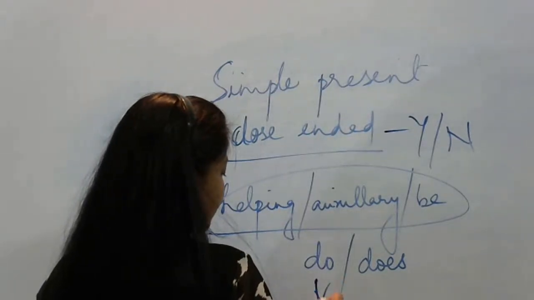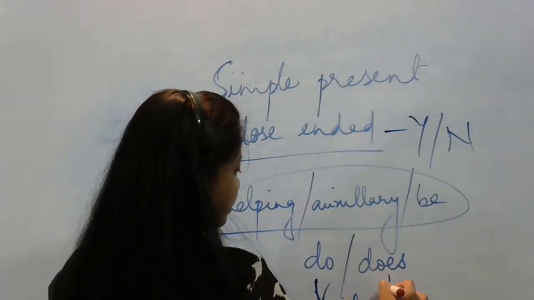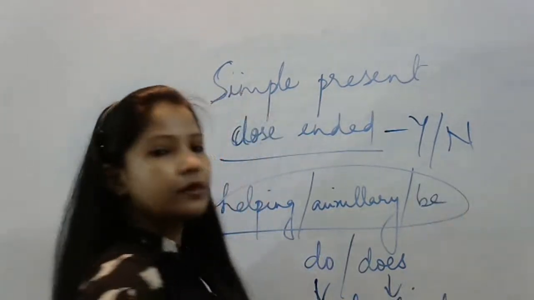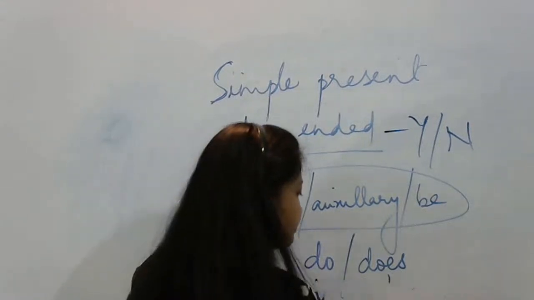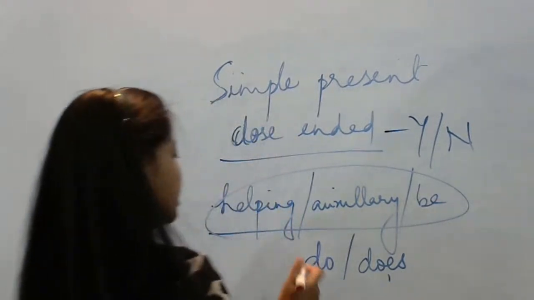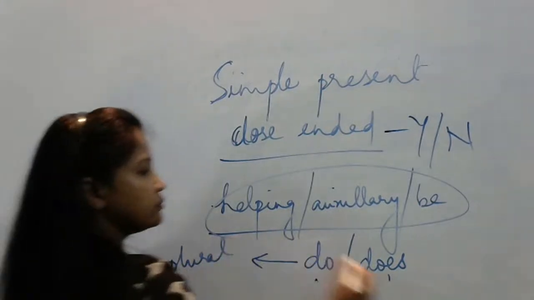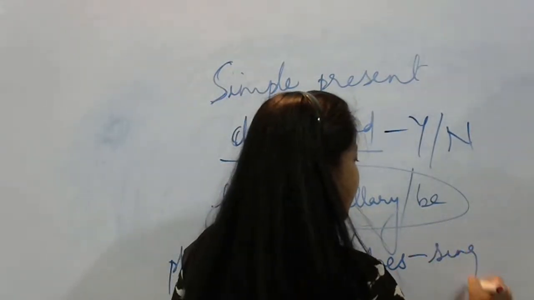Do is used for plural. Does is used for singular. Oh, it's not visible. I'll write it here. Do is used for plural. Does is used for singular.